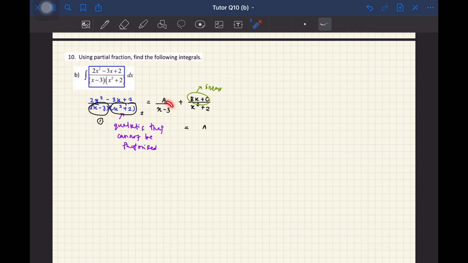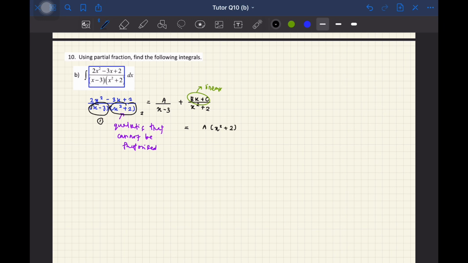Denominator awak ada x minus 3, so kita dah ada, kita dah tak nak lagi. Apa yang kita belum ada, kita tak ada this one. So kita akan multiplikan A with x square plus 2.